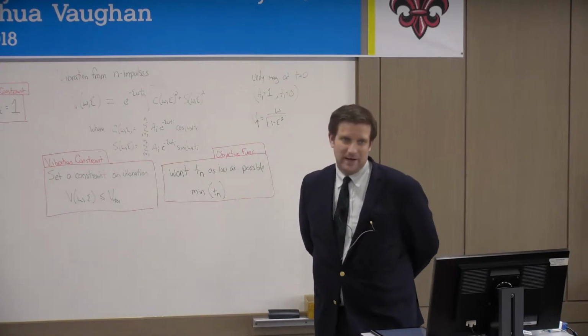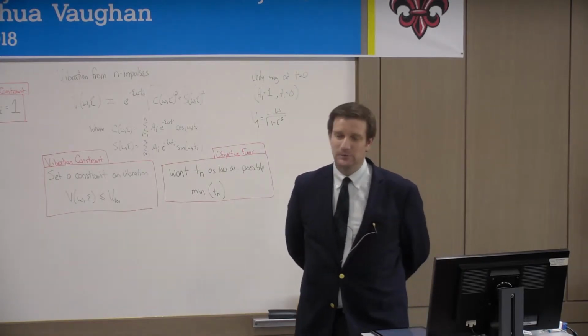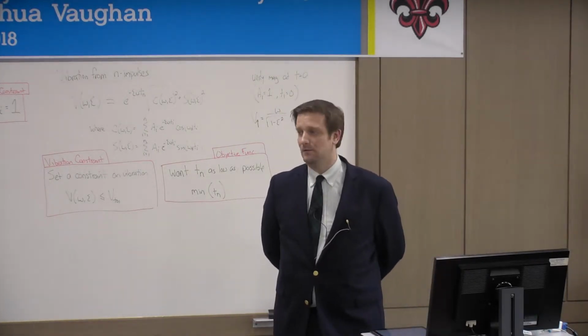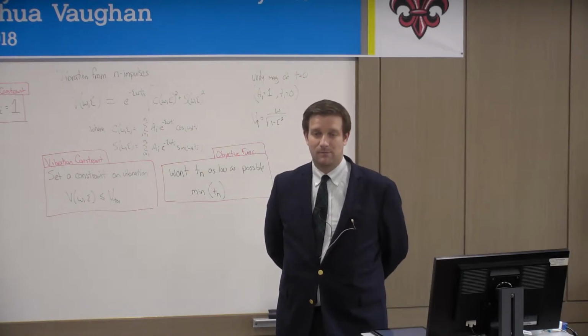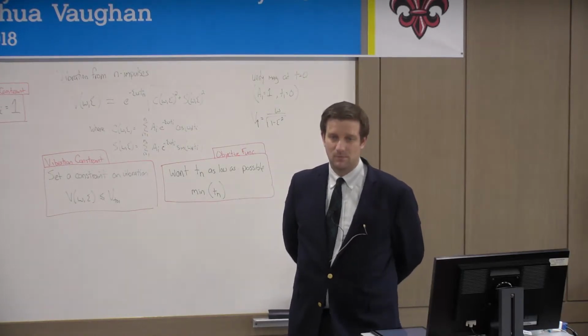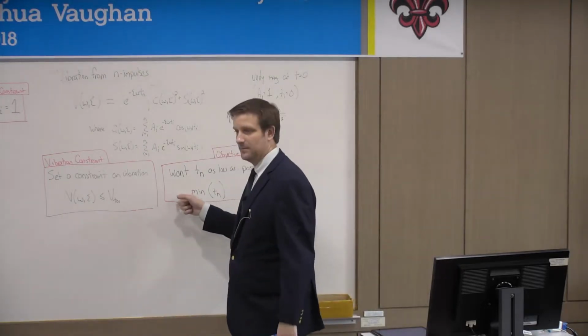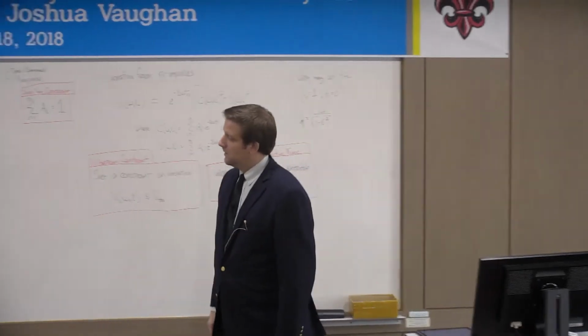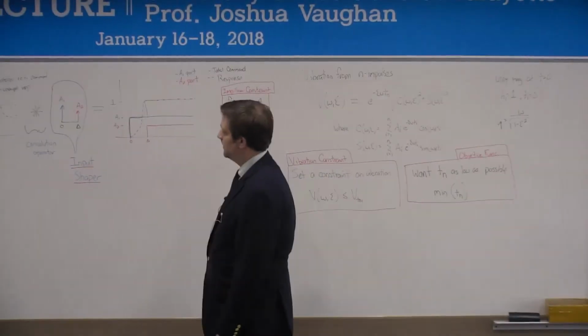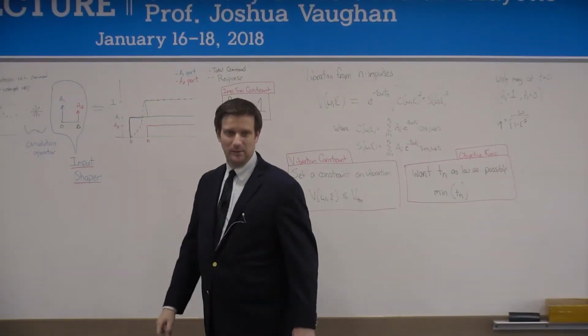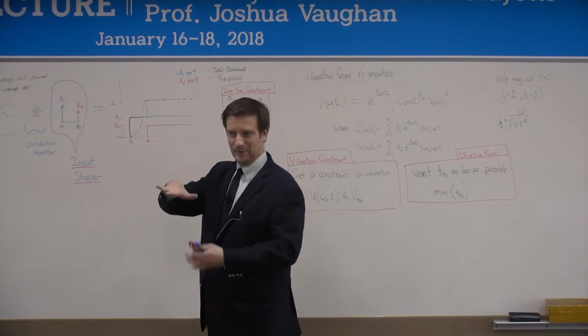What kind of solutions would I get now? What else do I need to include? So if I'm trying to minimize the time, I've said that these things can sum to 1, but I haven't said anything about their absolute amplitude, right?